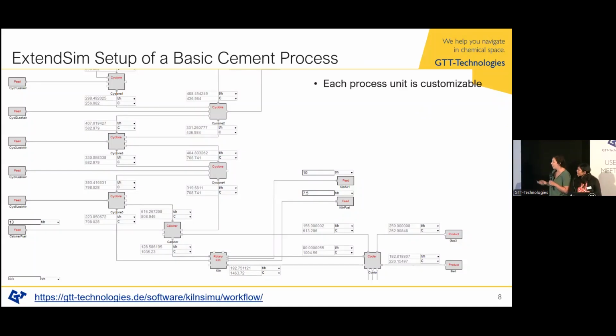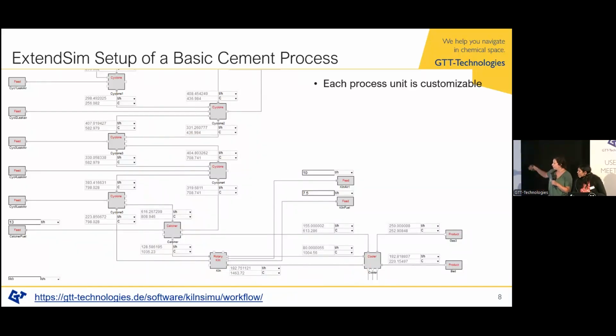Our basic setup is just used as a demo, so it's not from a customer. We have 5 different cyclones, where cyclone 4 feeds into a calciner, back into another cyclone, then it goes down to the rotary kiln, and then it goes to the cooler.